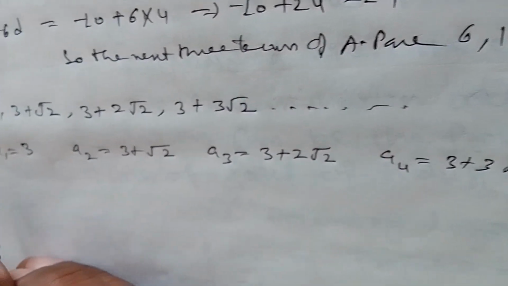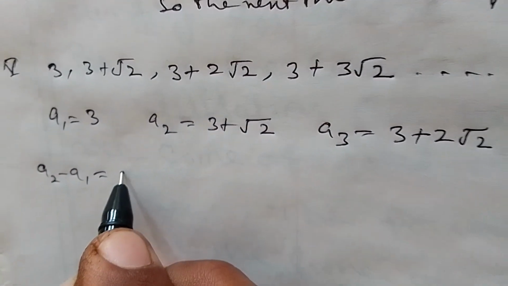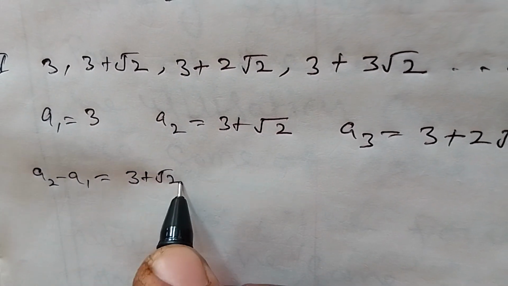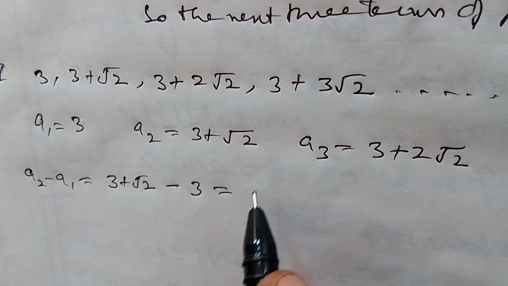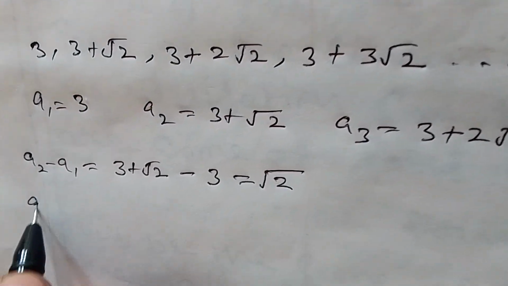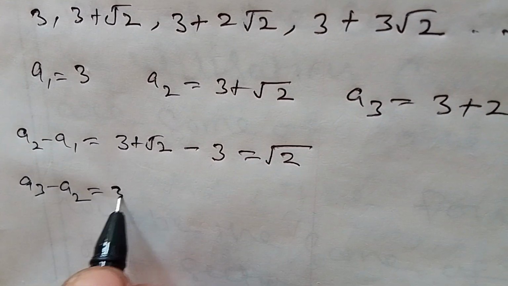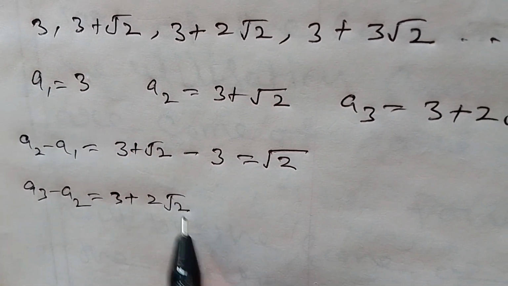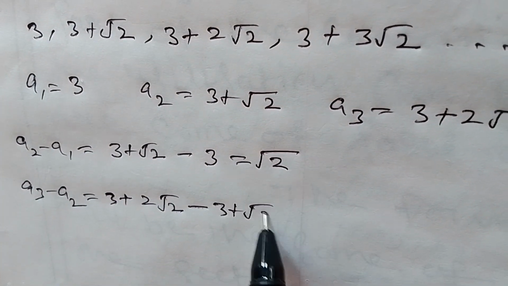So now we will calculate A2 minus A1, that is 3 plus under root 2 minus 3. It comes out to be under root 2.